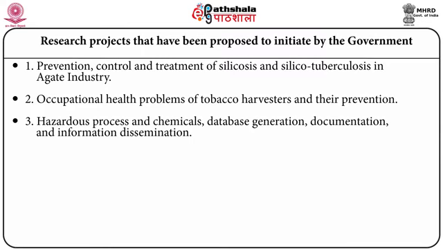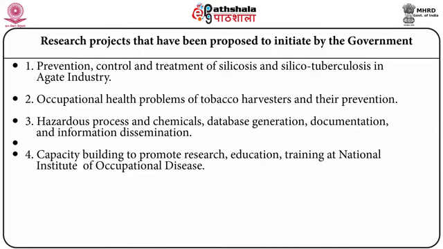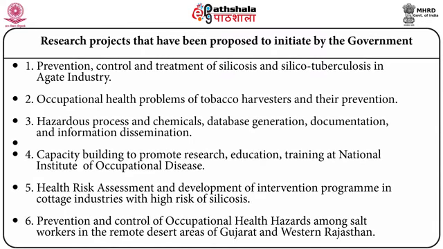Now, what is the agate industry? The agate industry is a very famous industry wherein these small stones, in the Khambat area of Gujarat, are available in all different colors.